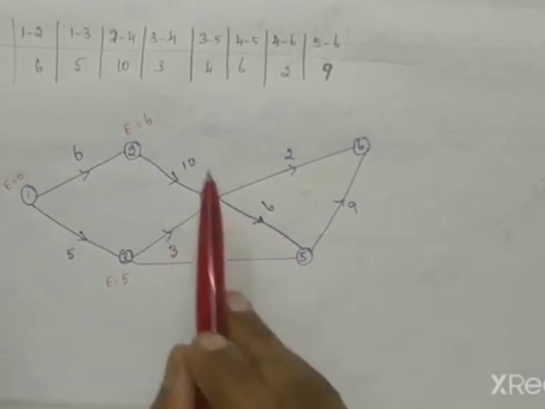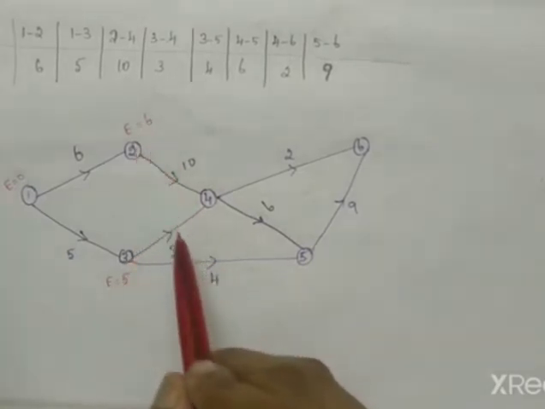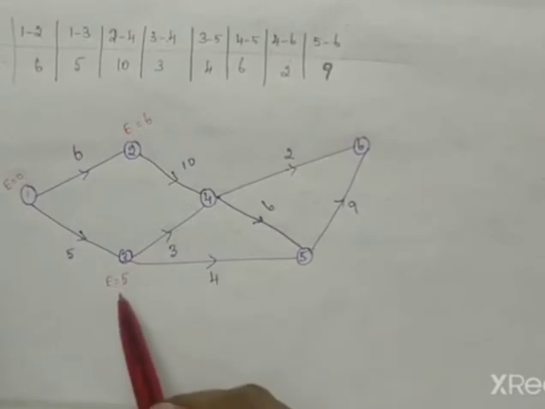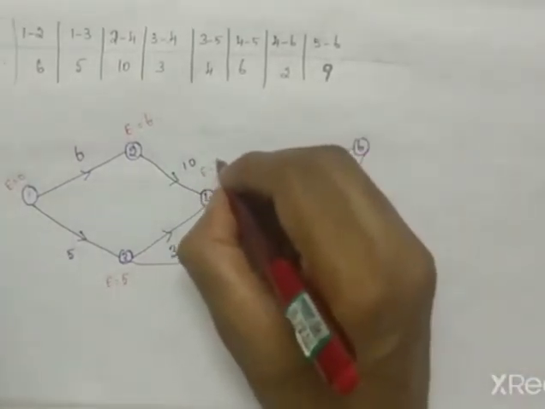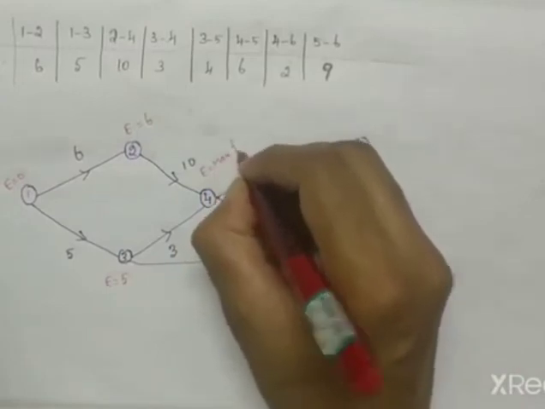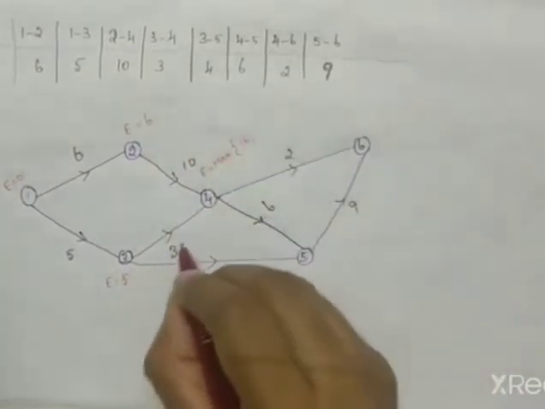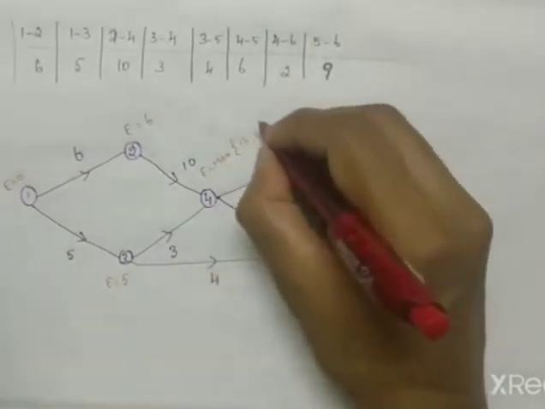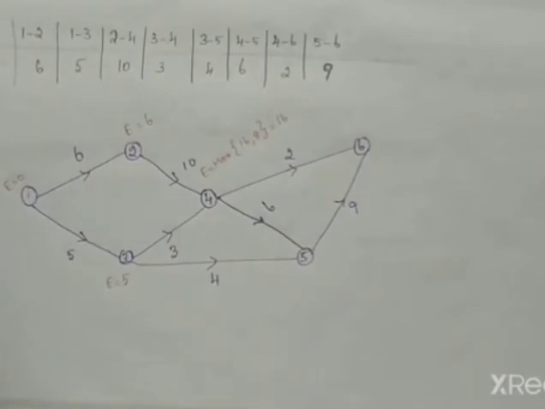So E is the maximum of 6 plus 10, which is 16, and 5 plus 3, which is 8. So for this, it is 16.